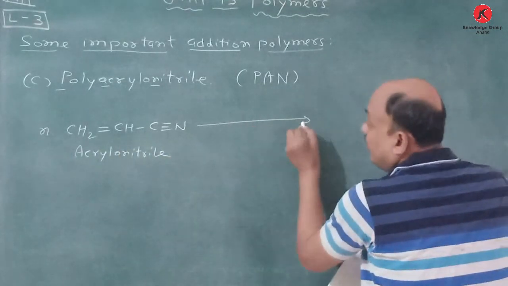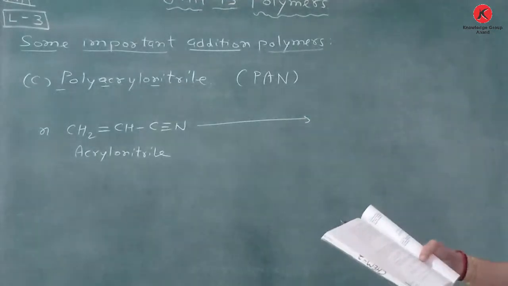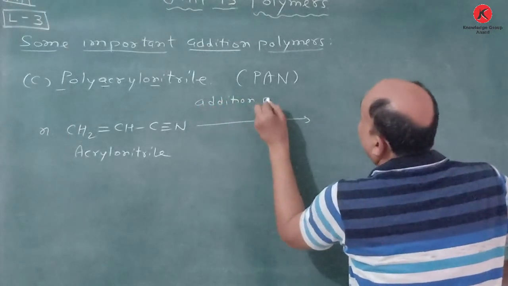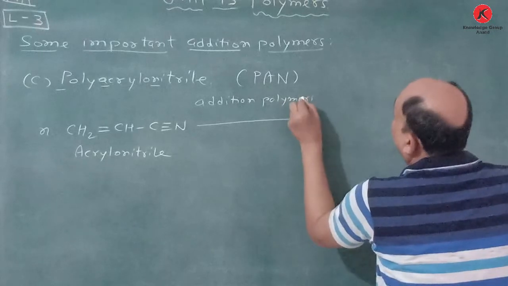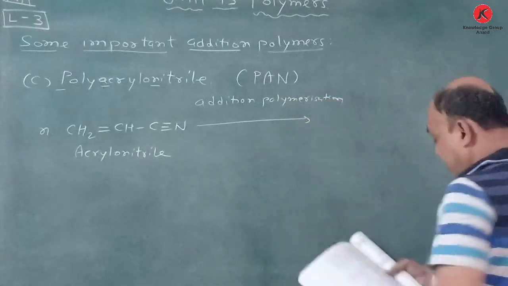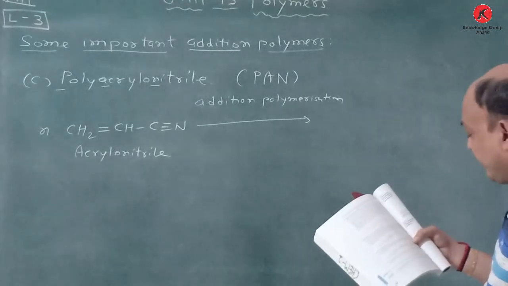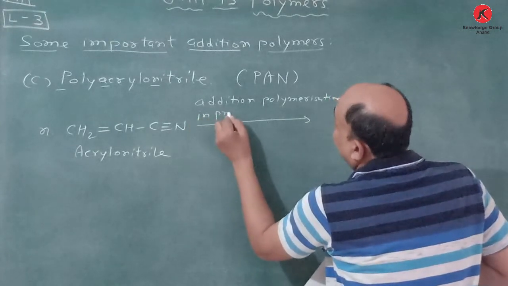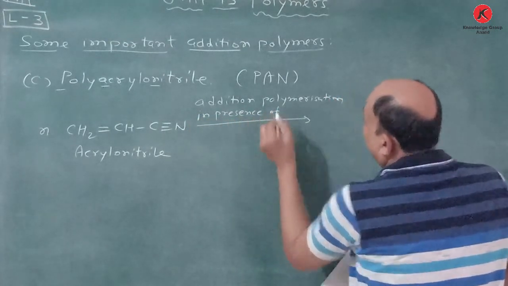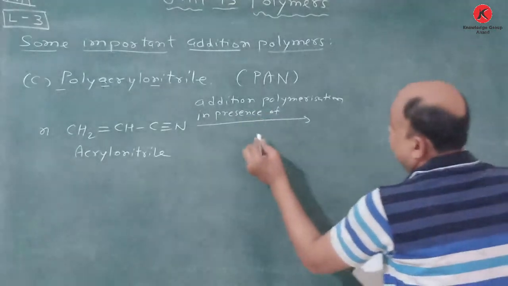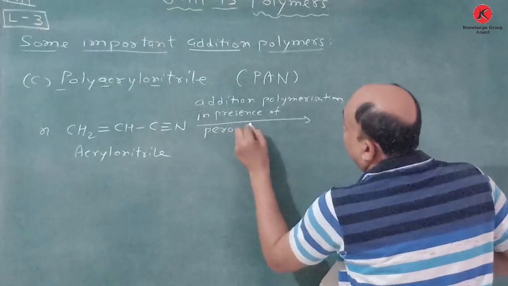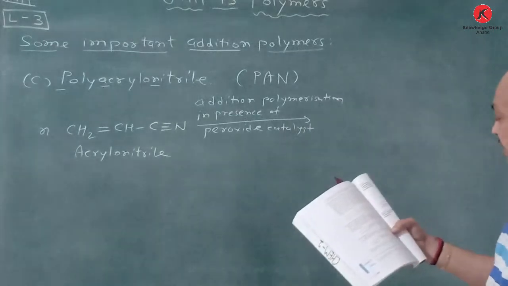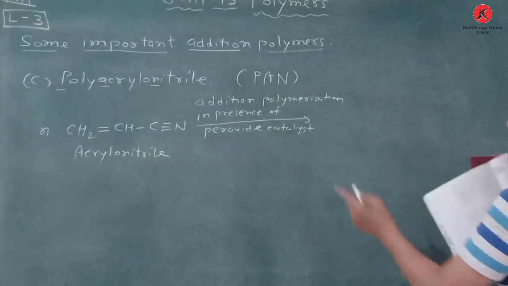When a number of molecules of acrylonitrile undergo addition polymerization in the presence of a peroxide catalyst, it leads to the formation of polyacrylonitrile.